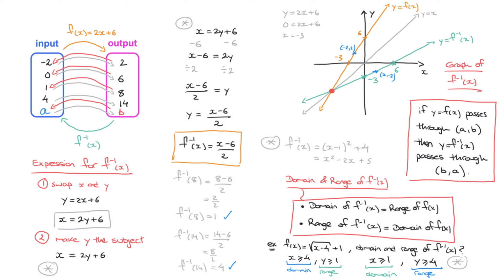In fact, do give that a try. Starting from this function, follow these two steps to try and show that the inverse function is indeed equal to this. And as we just said, this inverse function's domain would be all real numbers greater than or equal to 1, and its range would be all real numbers greater than or equal to 4.